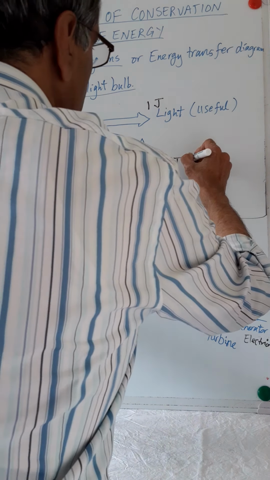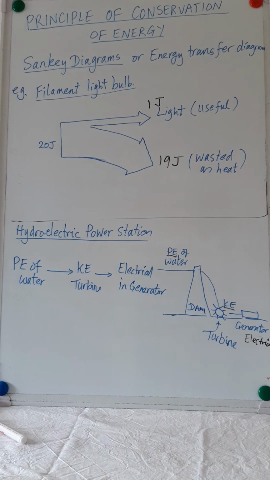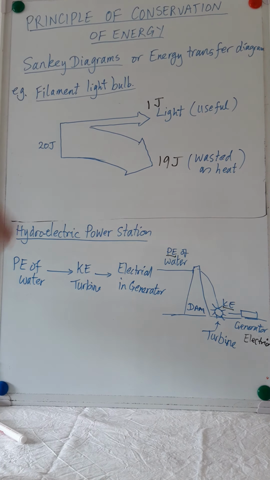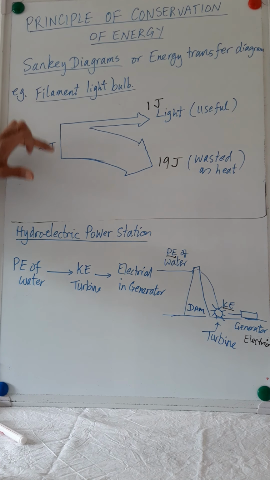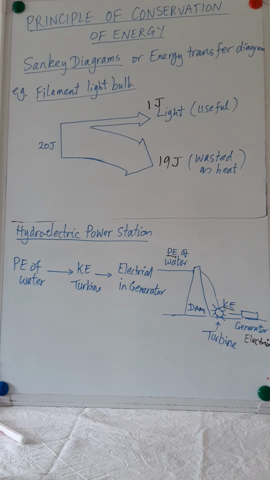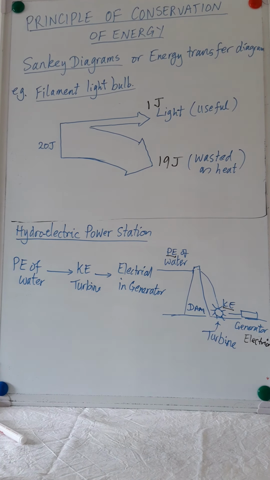It's a very, very inefficient device. It wastes lots and lots of energy. That's why we use the low energy bulbs, which waste less energy. So we can draw the diagram by drawing the thickness of the arrow to represent 20 joules, and then the thickness of this arrow will be very thin. If this is 20 centimeters, there will be only 1 centimeter, and this will be 19 centimeters across. We can represent it like this.